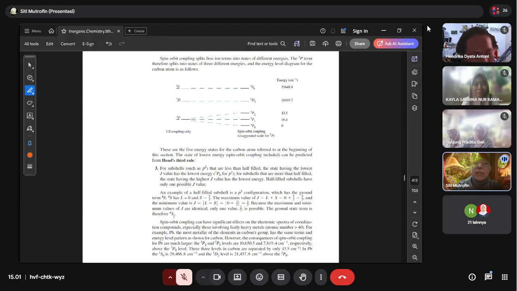So Tunjung, sorry to the others, I think Tunjung is brave enough to represent all of you, so please read the third law of Hund's rule.